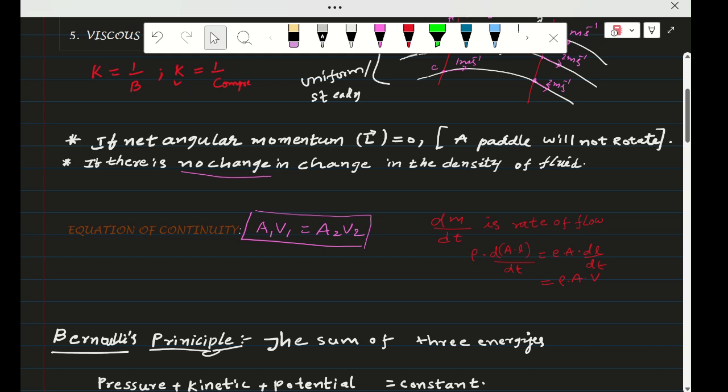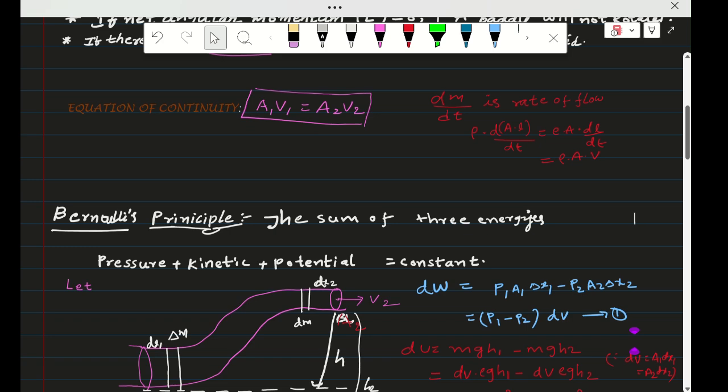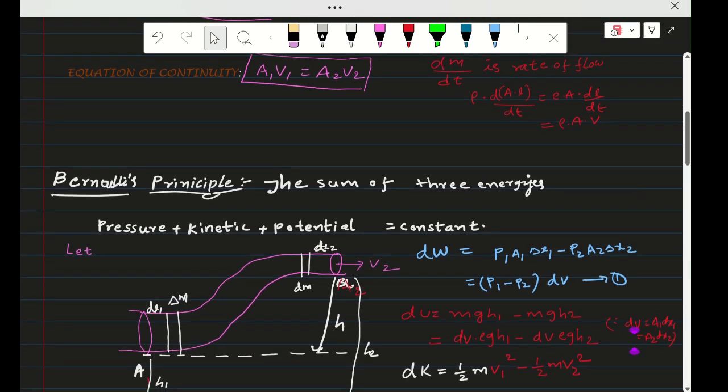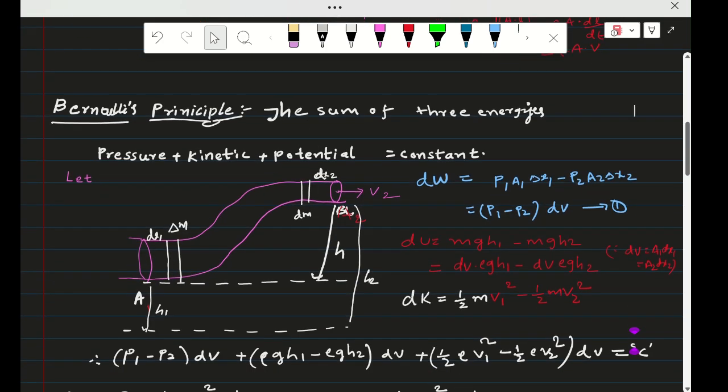So now you see clearly here: A1 V1 equals A2 V2. This is the equation of continuity. Now Bernoulli's principle. Bernoulli's principle gives the relation between the sum of three energies. It is one of conservation of energy, but it is not conservation of mechanical energy.